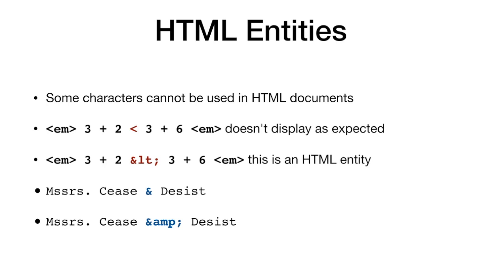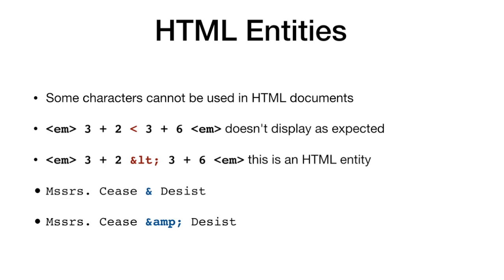So this is the bane of maths lecturers everywhere. So if you want to say 3 plus 2 is less than 3 plus 6, well, you run into difficulty because the browser is going to look at this less than here and think it's the start of a tag, and there isn't actually a 3 tag, so that's going to cause problems, and so, you know, bad stuff happens.